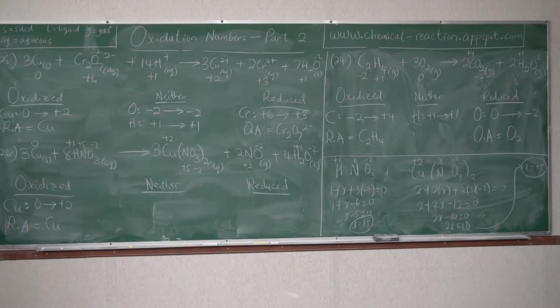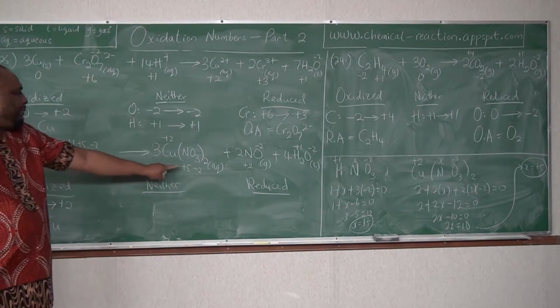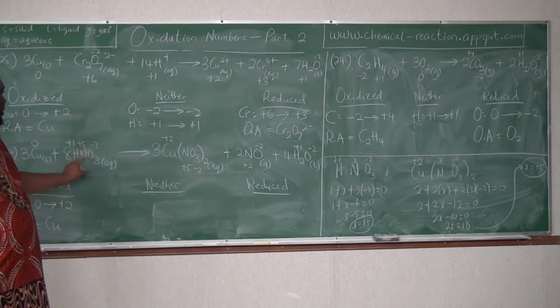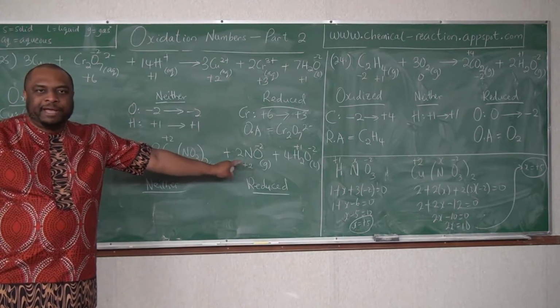Then nitrogen is from plus 5. This nitrogen here is from plus 5 to plus 2. You're not talking about this nitrogen also, no. This nitrogen was reduced from 5 to 2.